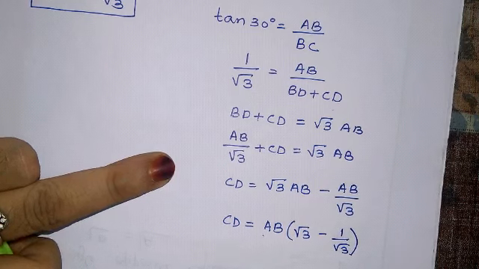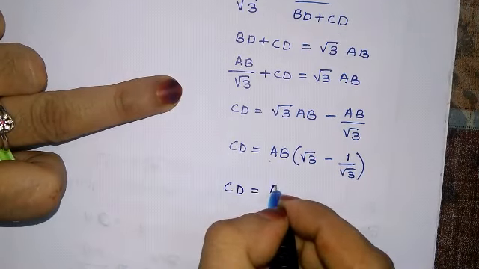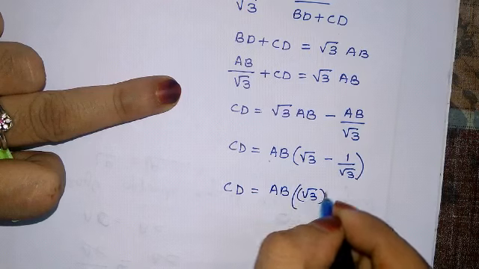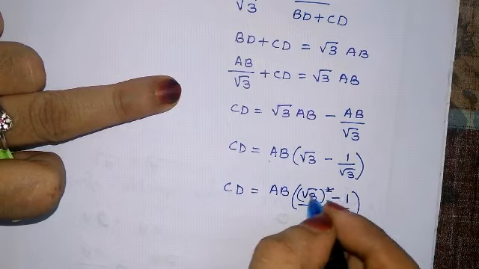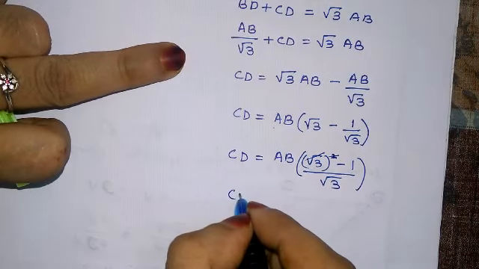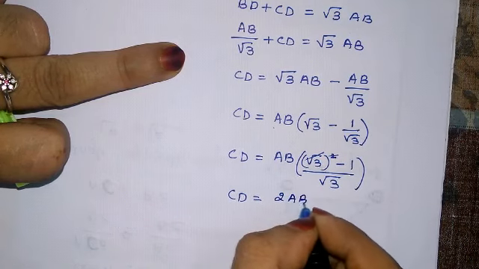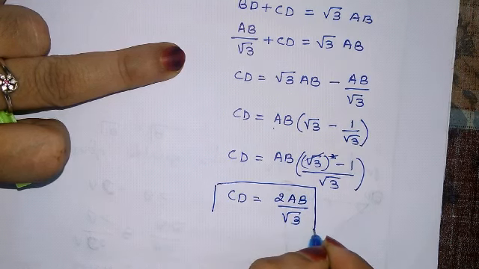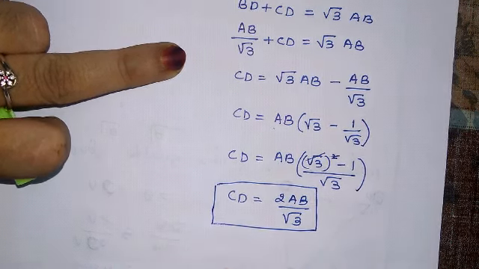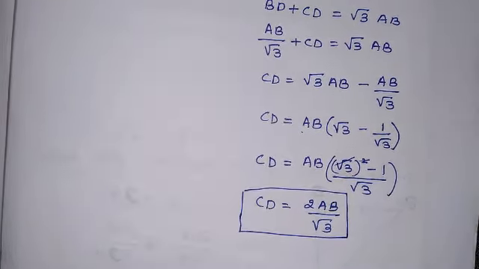Only the remaining terms I have written. CD is equal to AB as it is, root 3 into root 3 is root 3 square, minus 1, upon root 3. Cross multiply I have done. Square and root get cancelled. So, CD is equal to 3 minus 1, 2AB by root 3. Okay, this we got, the CD value. But they didn't ask us distance. They have asked us time. Okay, let us now write properly what time they have told.